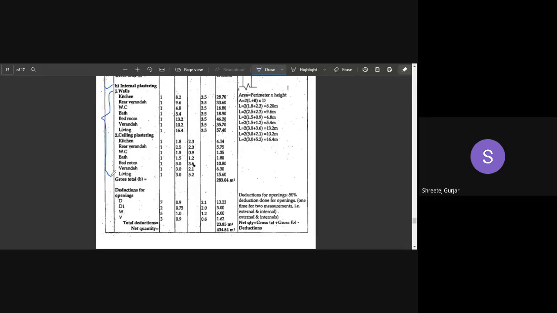After that, we have to do deductions because of our openings: doors, windows, and ventilators. Then we have to calculate external wall painting, and deduct for doors, windows, and ventilators.